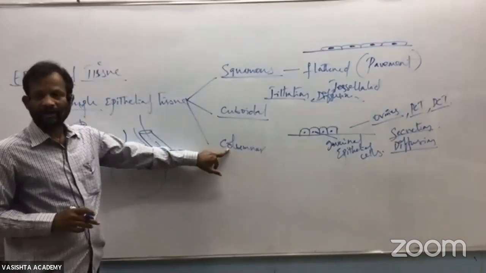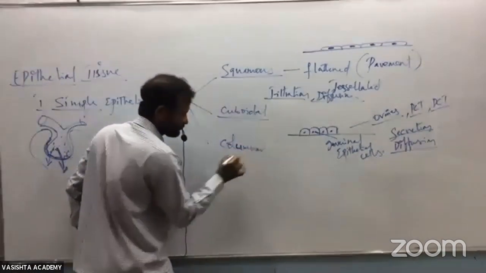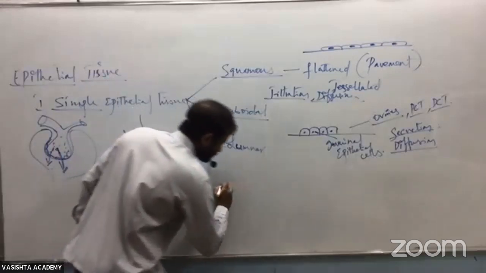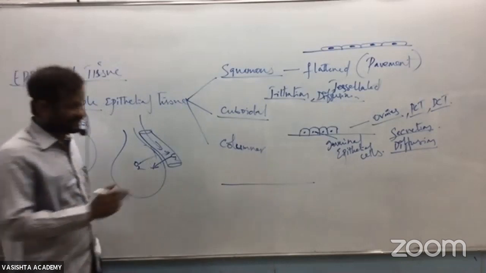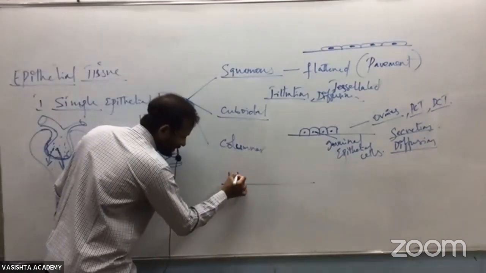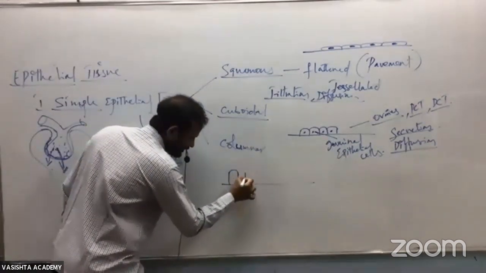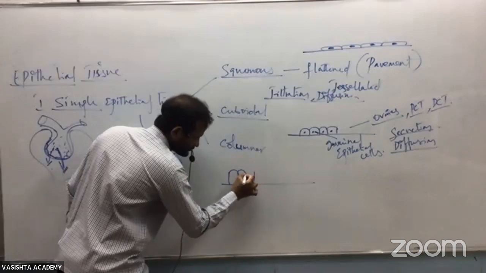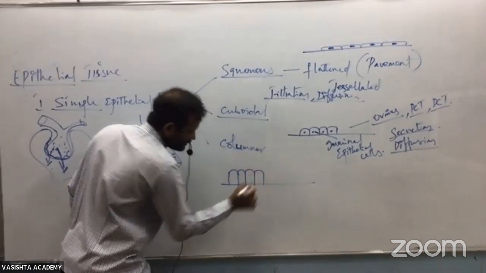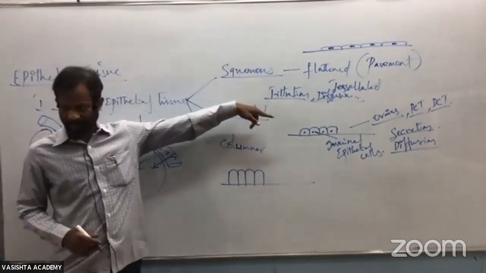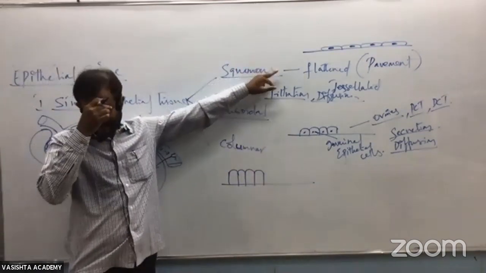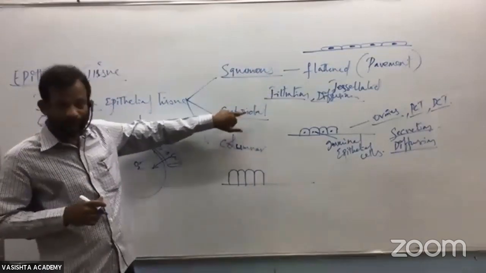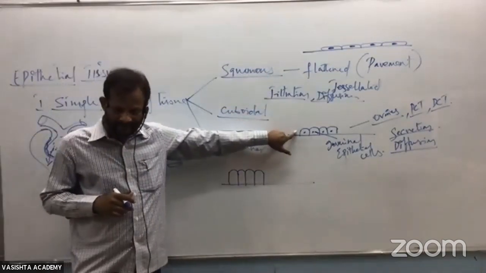Now come to columnar. Those cells are also present on the basement membrane, but here the cells are cylindrical, like this. You can see the difference very clearly. The first type, squamous epithelium, flattened cells. The second type, cuboidal epithelium, cube-shaped cells.